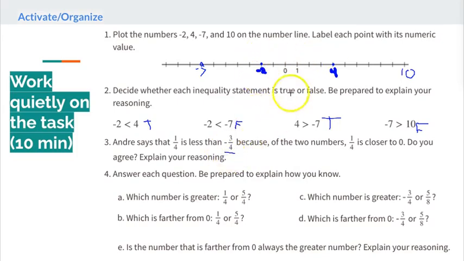And since negative 3/4 is going to be to the left of 0, somewhere around here, even though 1/4 is only slightly past, it's actually worth more because it is to the right of negative 3/4. So any number that is to the right is going to be greater than the number that is to the left in some way. And that was always true when we talked about positive numbers, right? It's just now we've opened up a whole new world here.